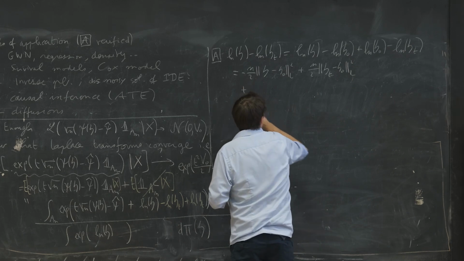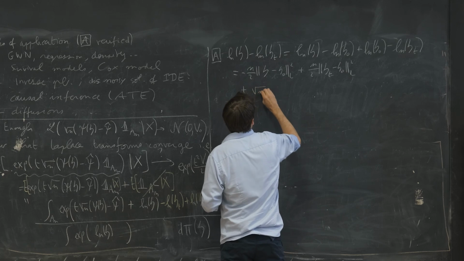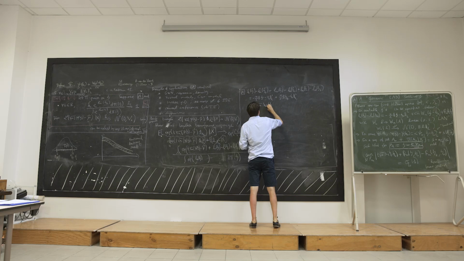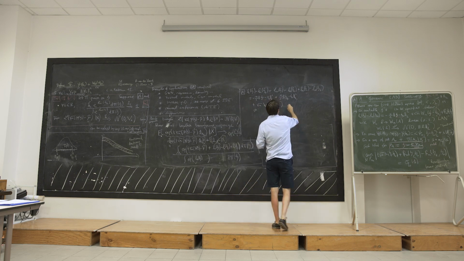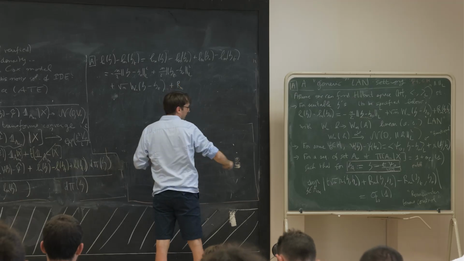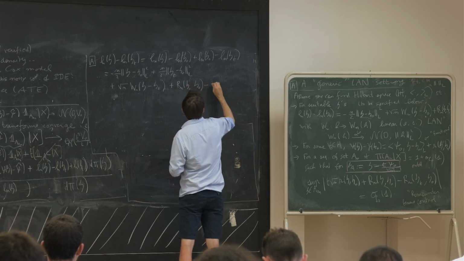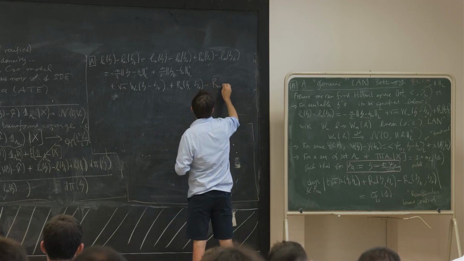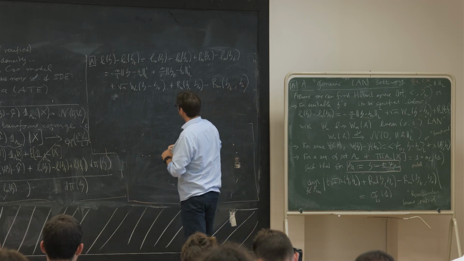I get the stochastic term, which is linear, so I get now square root n Wn of eta minus eta t, and a remainder, which I'll write here, Rn, exactly what I have down here, if I didn't change the signs. No, I think I put the correct sign. Eta t, eta 0.